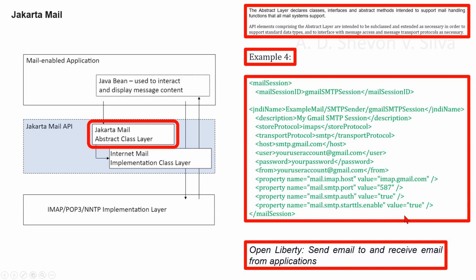Create a jakarta.mail.Session object by adding and configuring a mailSession element. To enable this configuration, in addition to enabling the Jakarta Mail feature, you must also enable the Java Naming and Directory Interface, JNDI, feature in your server.xml file.